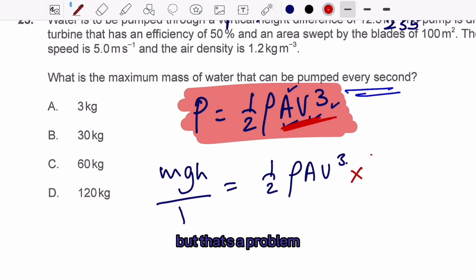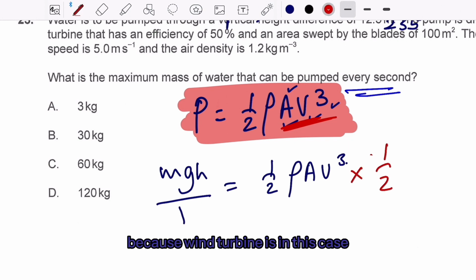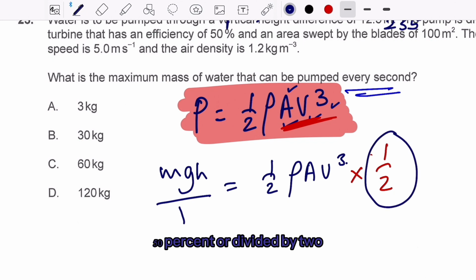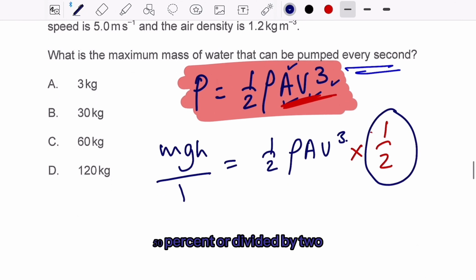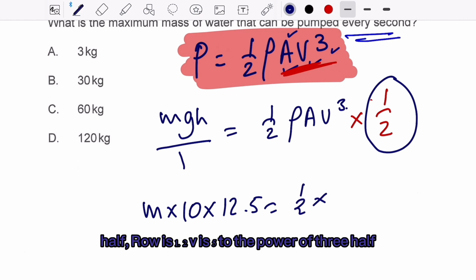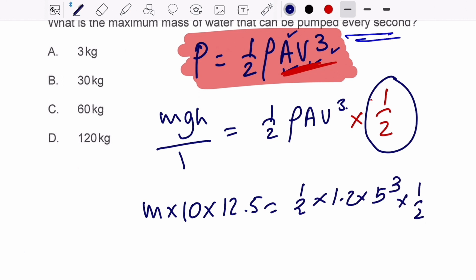But there's a problem, because the wind turbine in this case is only 50% efficient, so I multiply by 50% or divide by 2. Now let's write mg, I take as 10, h 12.5, half rho is 1.2, v is 5 to the power of 3, half.